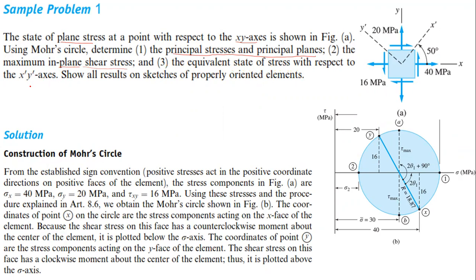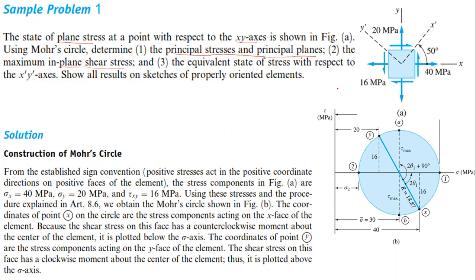So, ato ang sulbon ang sigma x prime, sigma y prime. Show results on sketches of properly oriented elements. Okay? So, for the solution, atong i-plot. So, di ba, ang first nato nga step is to plot these points.